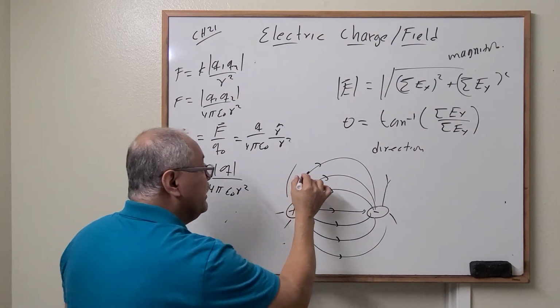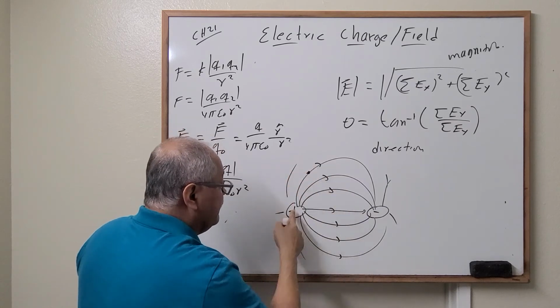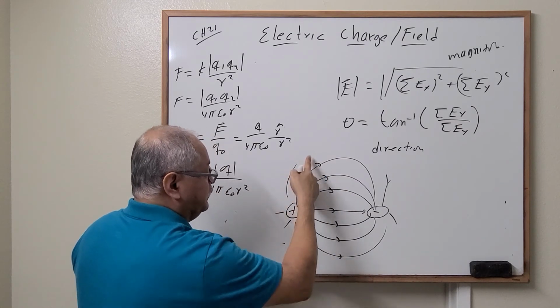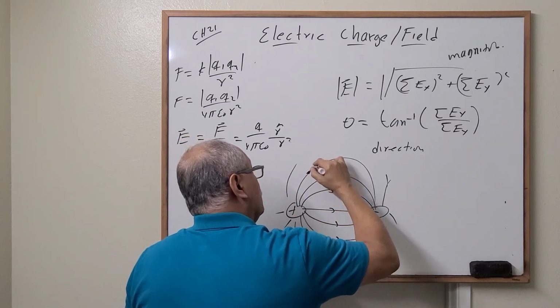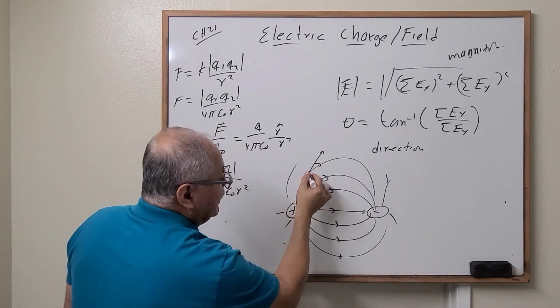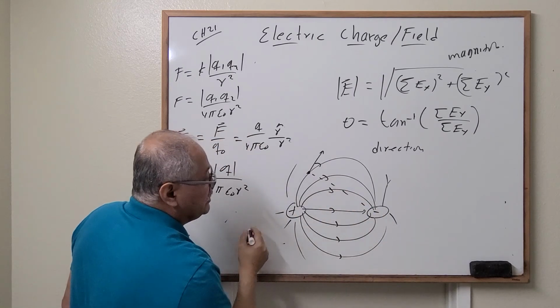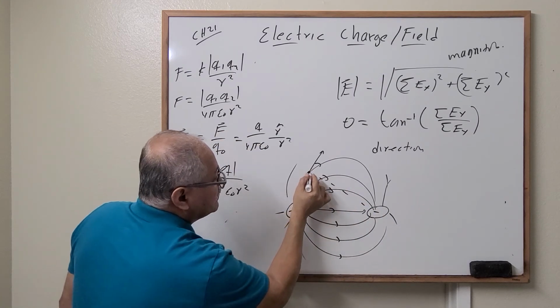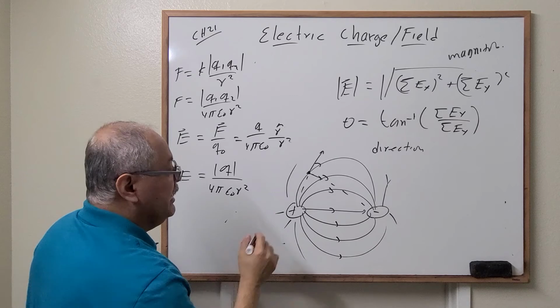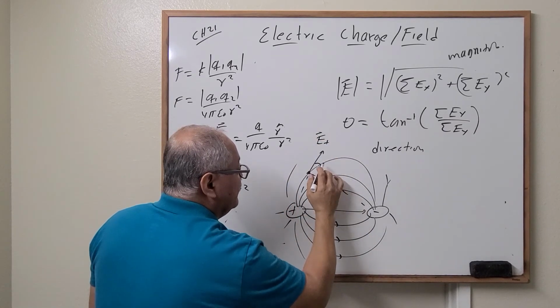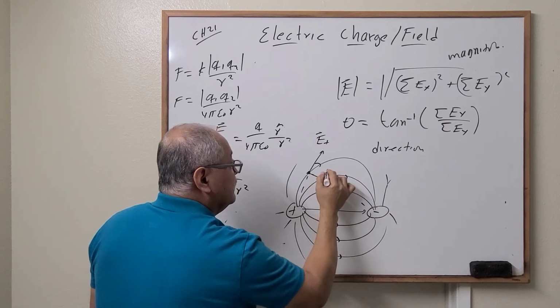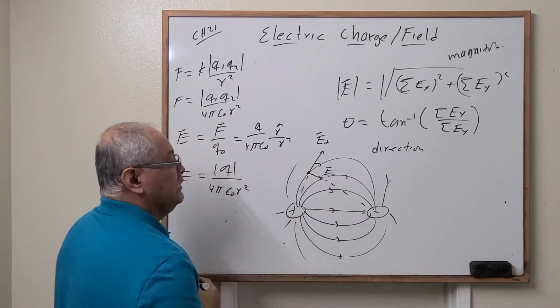At this point, the electric lines go in this direction, and for the other charge, they go in this direction. This is the electric field produced by the positive charge, and this is the electric field produced by the negative charge.